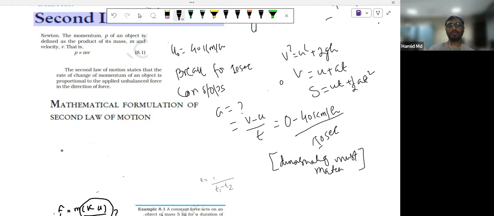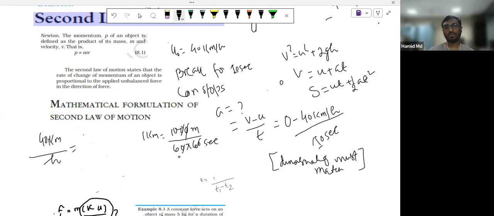First of all, I have to change 40 kilometer per hour into meter per second, okay? I'm just leaving the 40 apart. So 1 kilometer is equal to how much? 1000 meters. Okay. In 1 hour, there are 60 into 60 seconds, right?